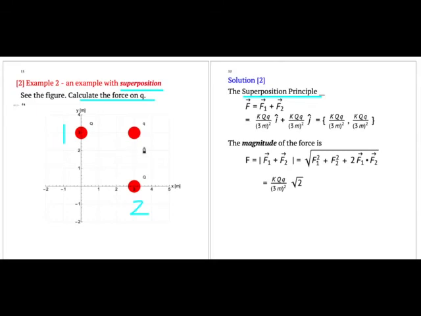So just think of these two charges alone. There'll be a force on q in this direction. And we'll call that F1. That's the force on charge 3 exerted by charge 1. So that's F1. And similarly, we have a force F2.